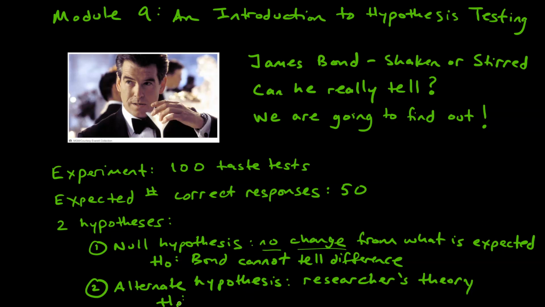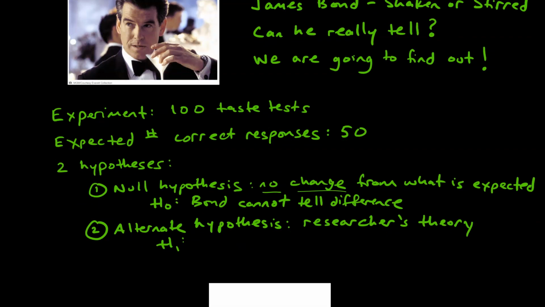We're trying to move on from the null, and we're trying to ultimately reject that he cannot tell the difference so that we can accept the idea that maybe he in fact can tell the difference. And so our alternate hypothesis is going to be H1, and let me scroll down here a little bit, and that alternate hypothesis is Bond can tell the difference between a martini that is shaken or stirred.